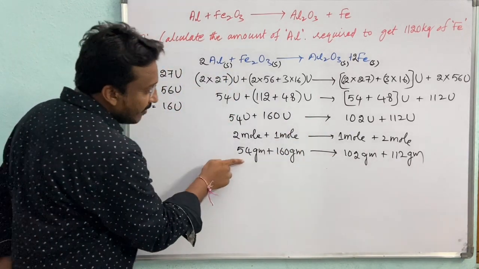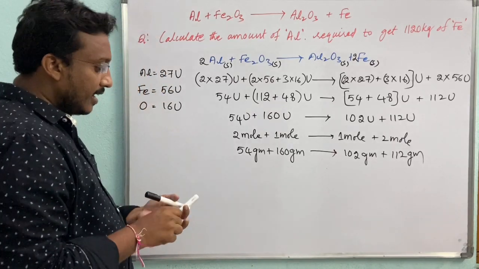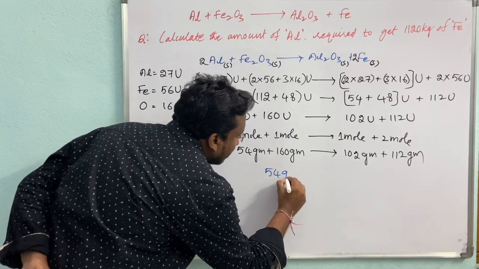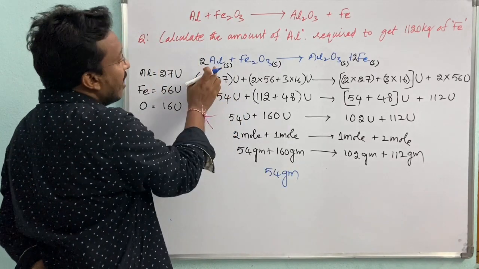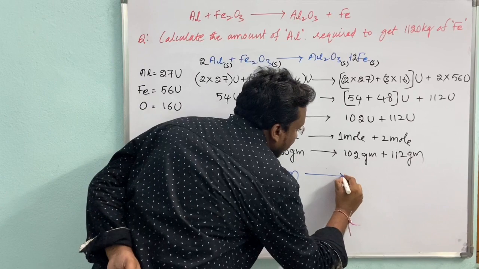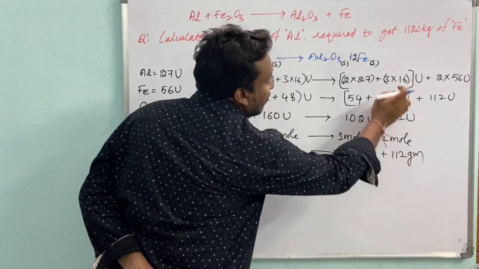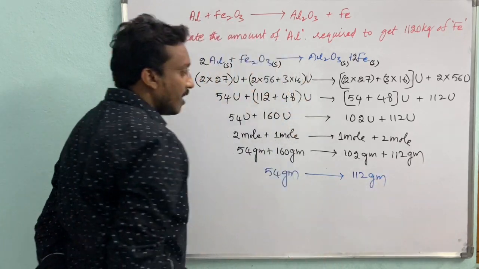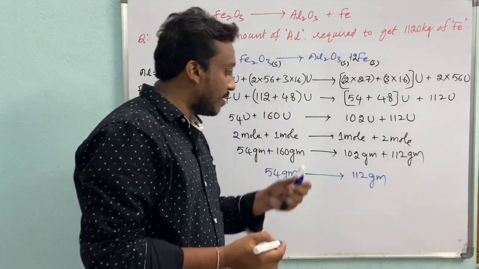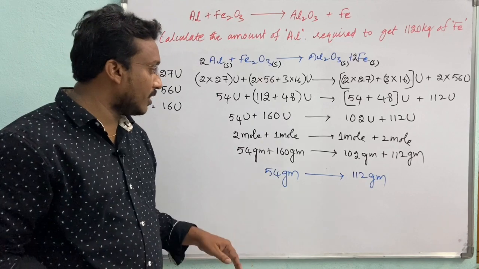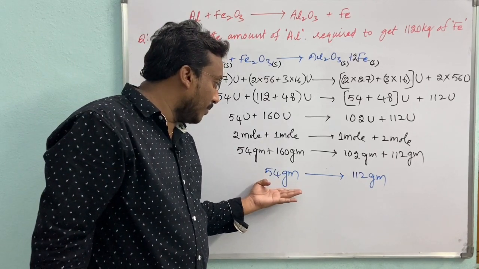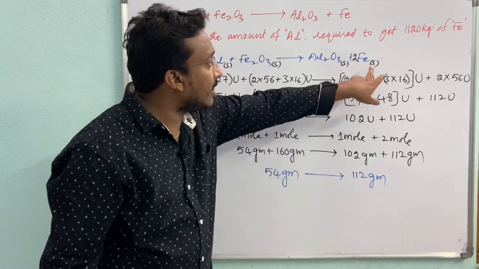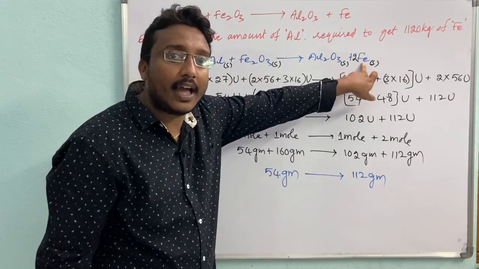From the given equation we came to know that 54 grams of aluminum gives 112 grams of iron.